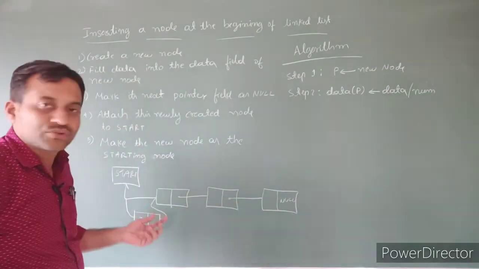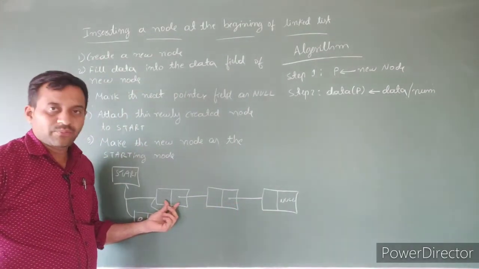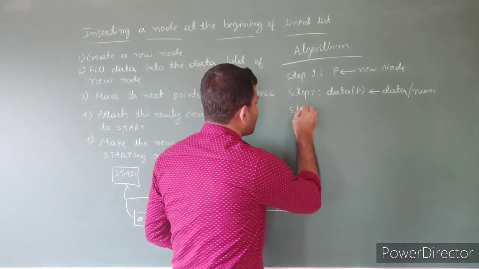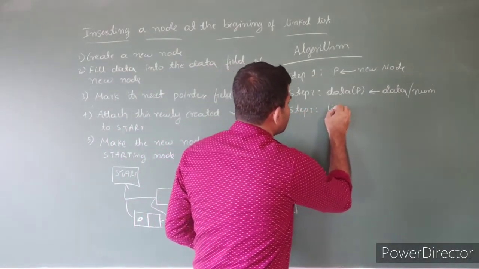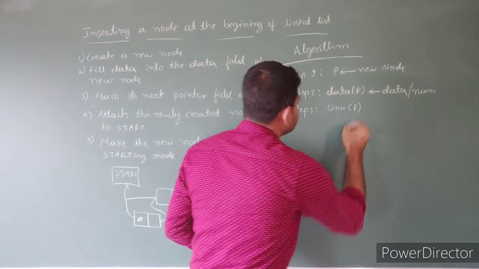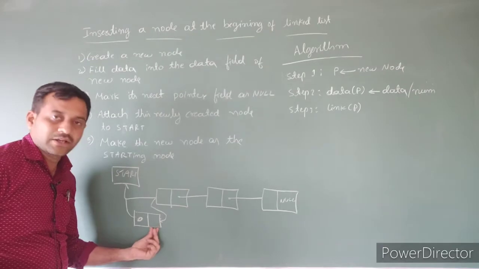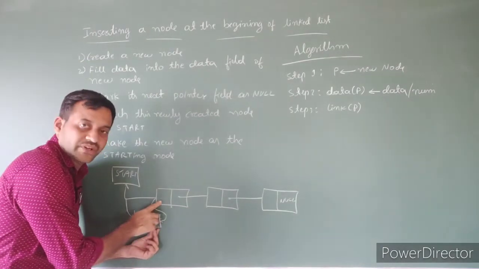After that, we have to store the address of the first node in the link part. That is step 3, link part of P. First, for the data part, we assign the number. For the link part, we store the address of the first node.